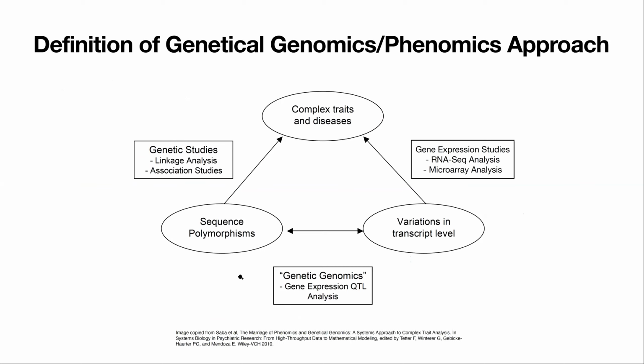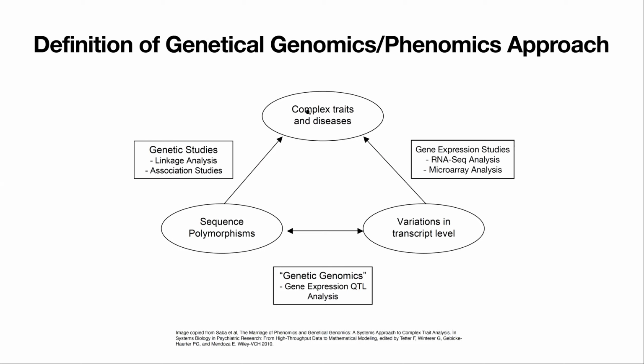So in a genetical genomics phenomics approach, we're combining three sources of information. We're combining the sequence polymorphisms with the complex trait or disease, so our phenotype here, with variation in transcription levels. And so in a very traditional genetical genomics phenomics approach, we look at each one of these pairwise comparisons individually, and then look at convergence of results.